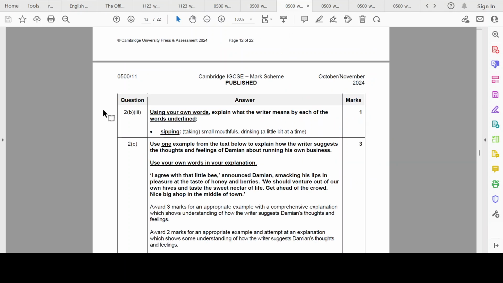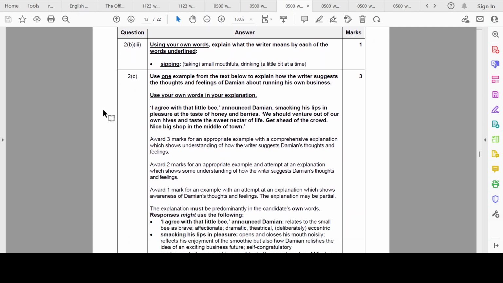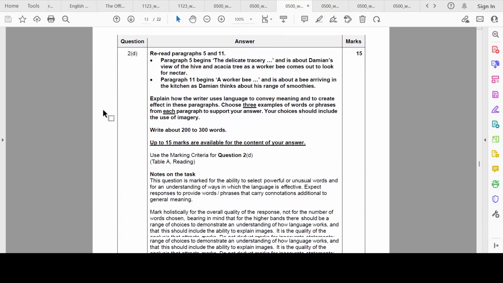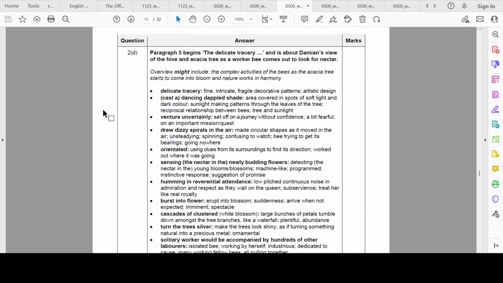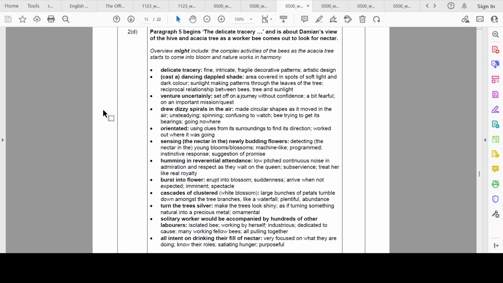So taking a look over here, the kind of response they're expecting. We haven't read it, but for example, the very first phrase, the delicate tracery. They go on to explain fine, because it says delicate, so fine, intricate, fragile, and then tracery becomes decorative patterns and artistic design.